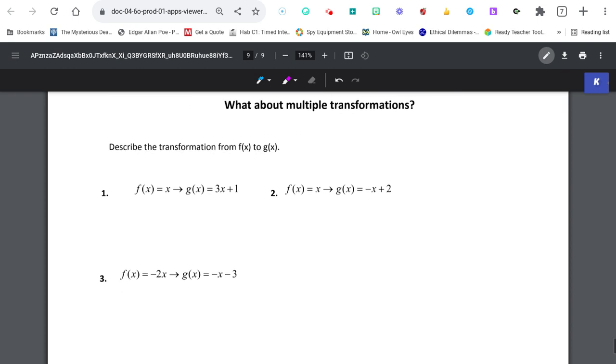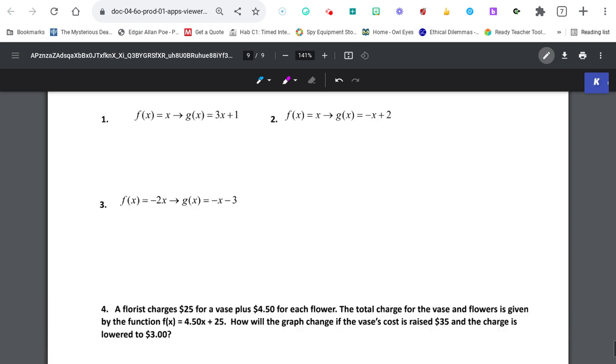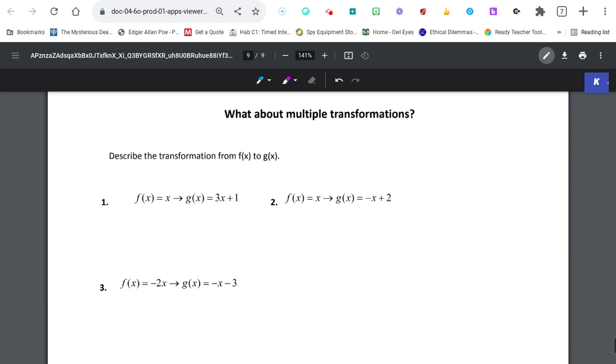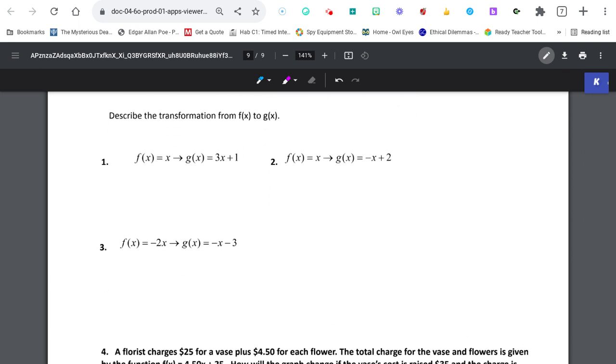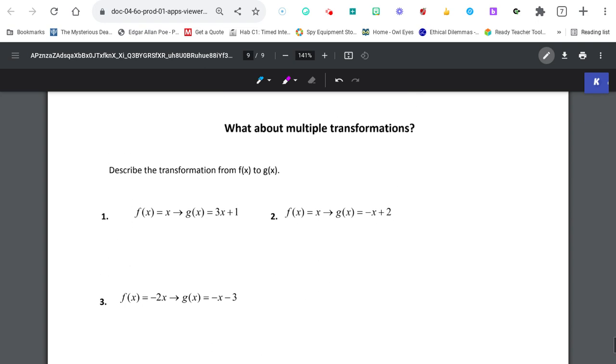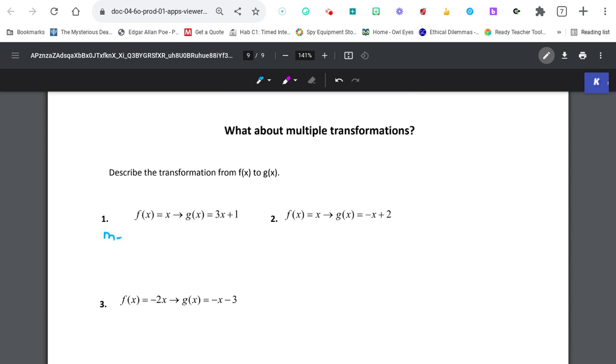All right, let's talk about some multiple transformations. You all know the 3 transformations, but sometimes you can have multiple transformations, and they're really easy. Heads up. It says describe the transformation from f of x to g of x. Well, this has a slope of 1, and this has a slope of 3. This has a y-intercept of 0, and this has a y-intercept of 1.